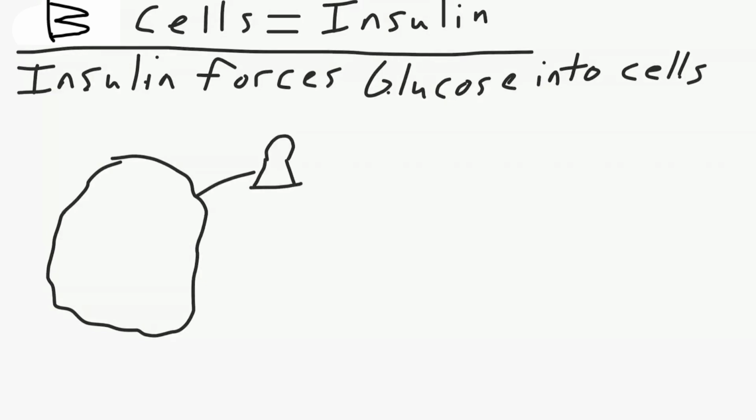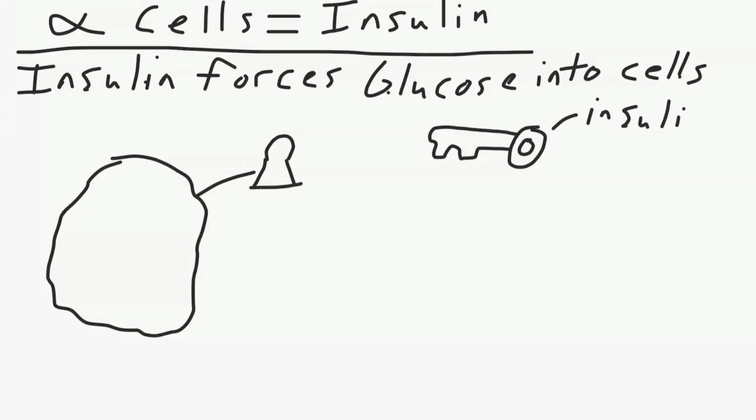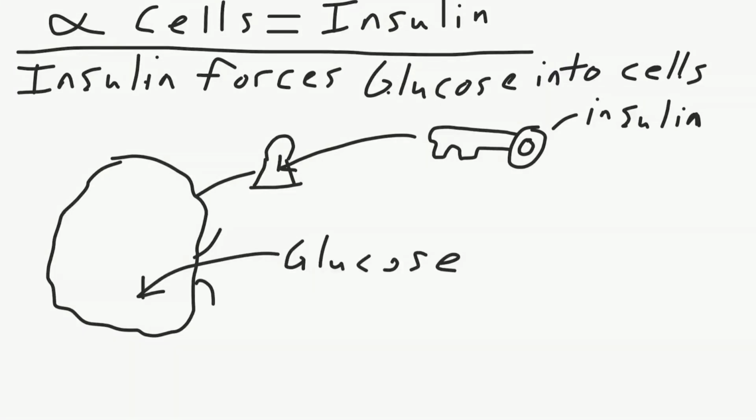What insulin does is it attaches to the cell and opens up that transport system to allow glucose or sugar into the cell so that the cell can produce energy with that glucose. So without insulin, no glucose goes into the cell, and cells are very limited on how they can produce energy.